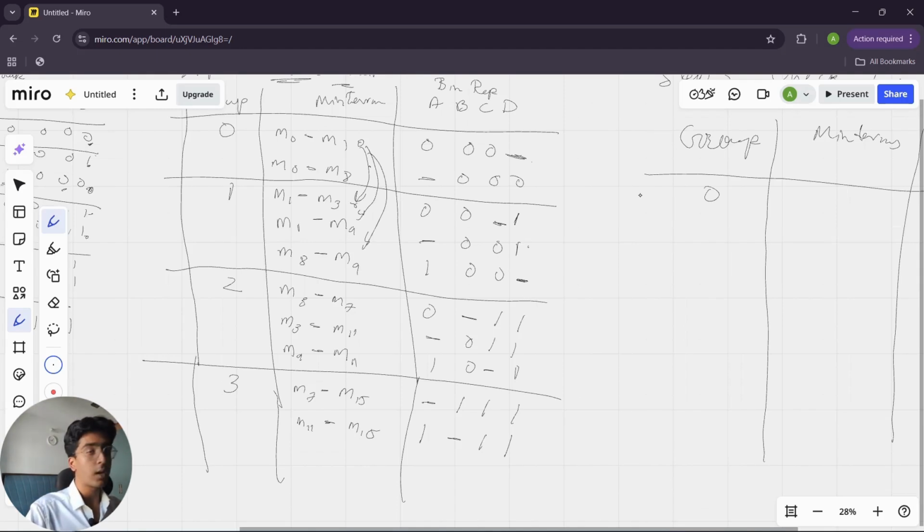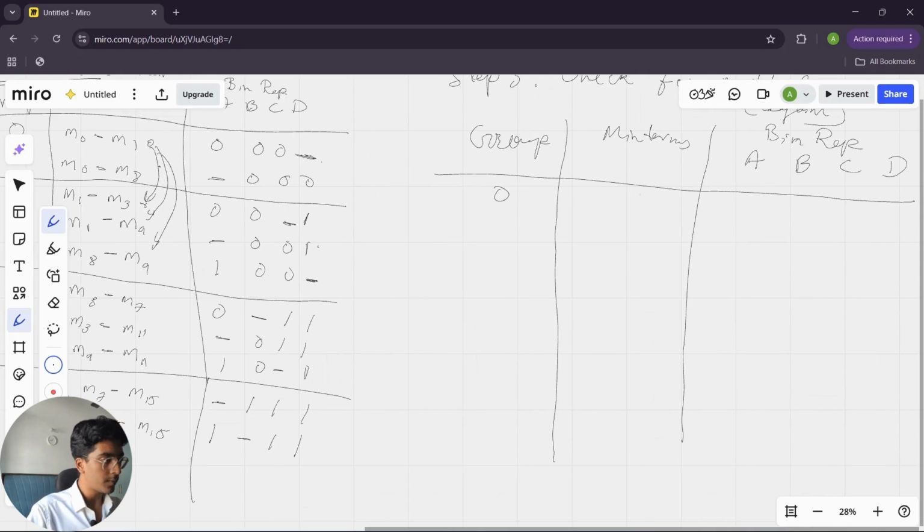Let's compare m0 m1 and m8 m9. So 0 and 1, the rest of them are 0 0 dash. These three are the same and the first variable is changing. So we have our first matched pair for the third step, which is m0 m1 m8 and m9.